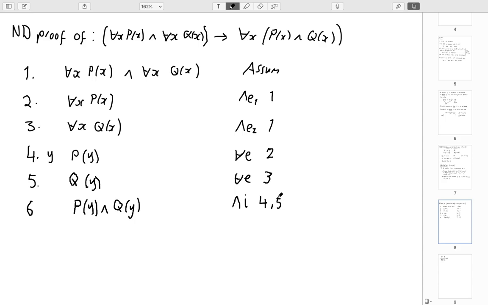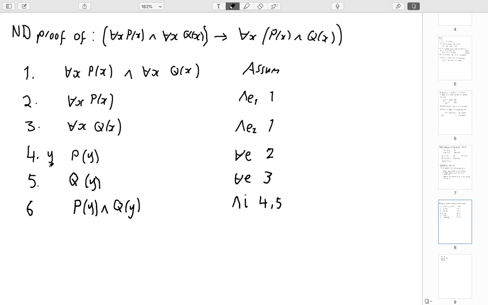And we're now in a position to derive for all x, Px and Qx for the following reason, that we have shown that Py and Qy is true for an arbitrary y. Remember, we were introducing here an arbitrary y.